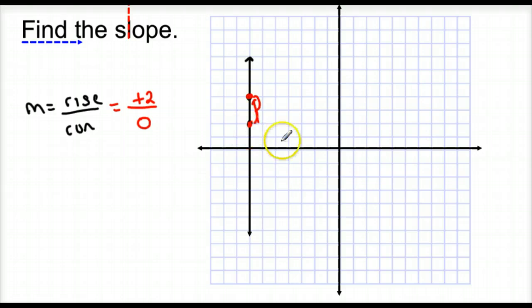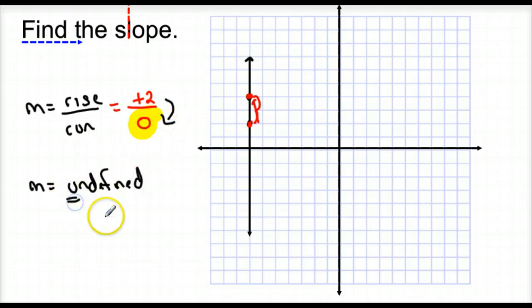So there's no run to the right, there's no run to the left, which leaves me with a 0 in the denominator. So anytime you see a 0 in your denominator, one way I remember this is when the 0 is underneath your fraction, then this slope we're going to say is undefined. So if the 0 is underneath, the slope is undefined.